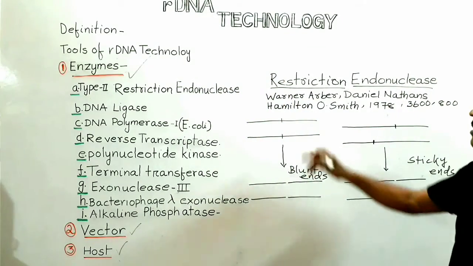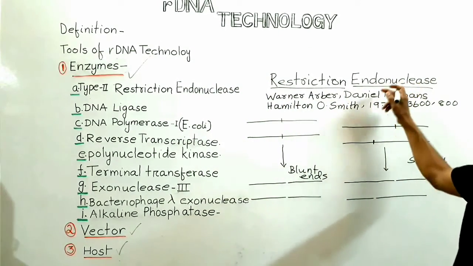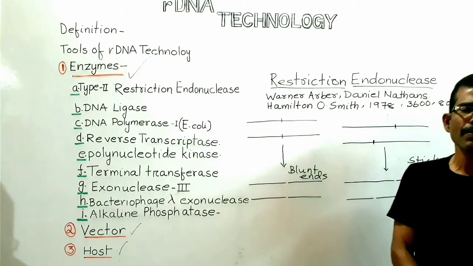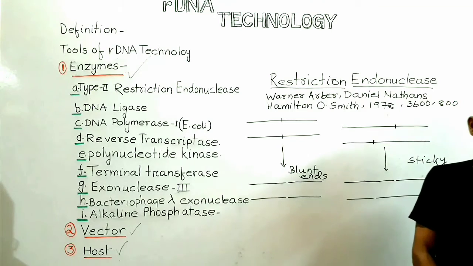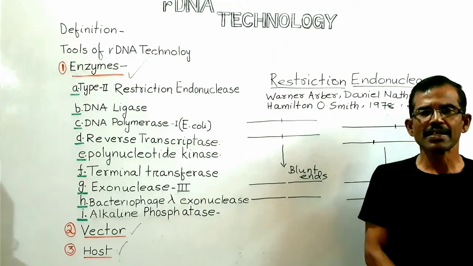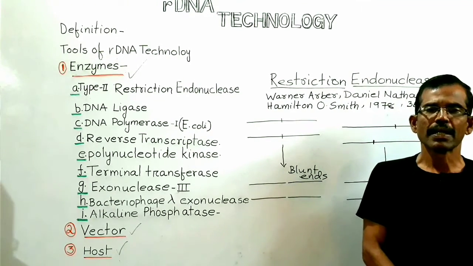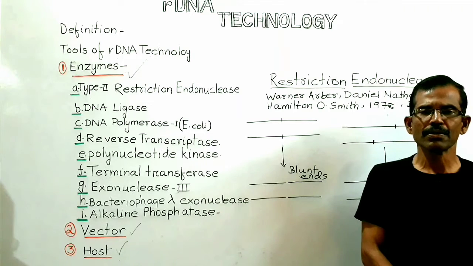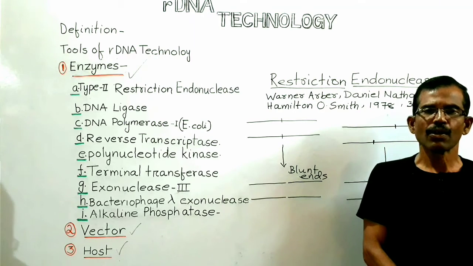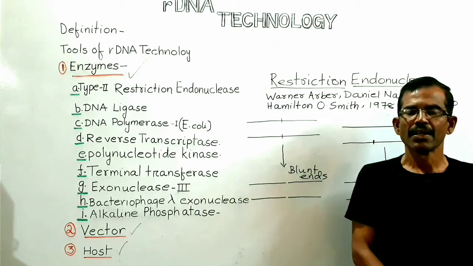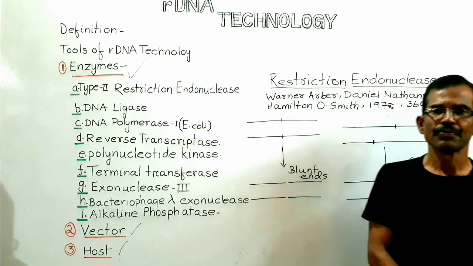First enzyme is restriction endonuclease. Endonucleases are the enzymes that produce internal cuts, and restriction endonucleases cleave the DNA into fragments. They cleave phosphodiester bonds at or near a specific recognition site known as restriction site.